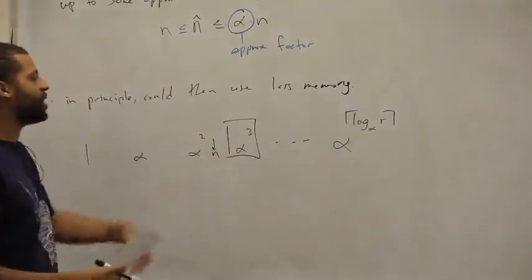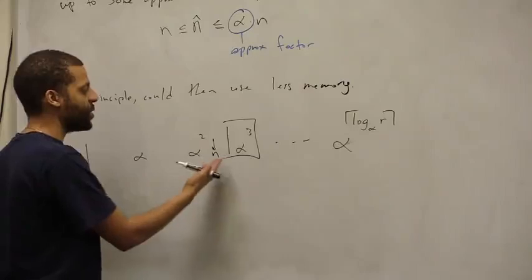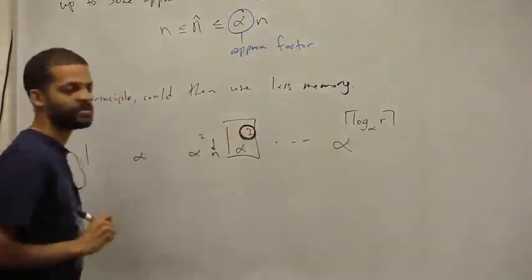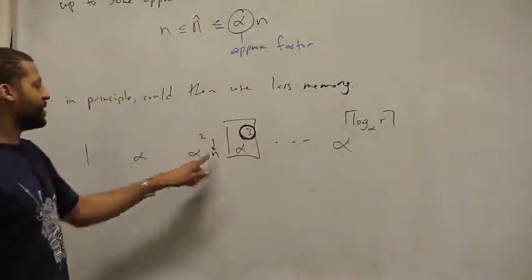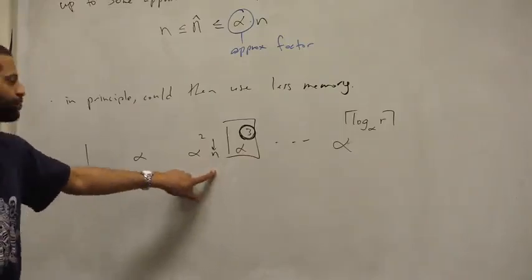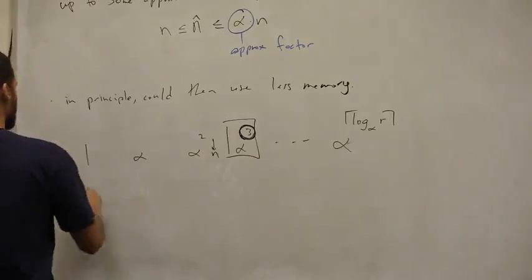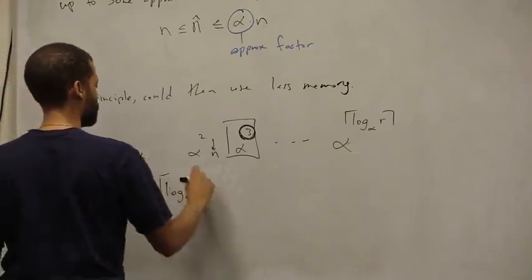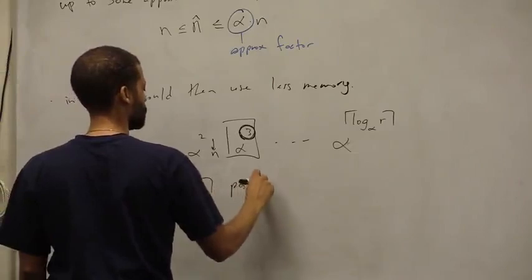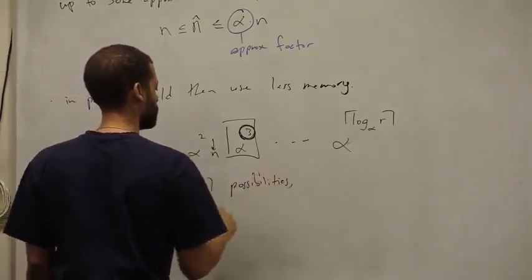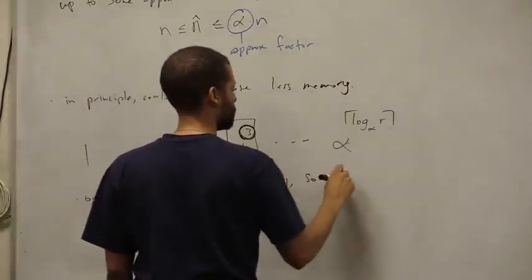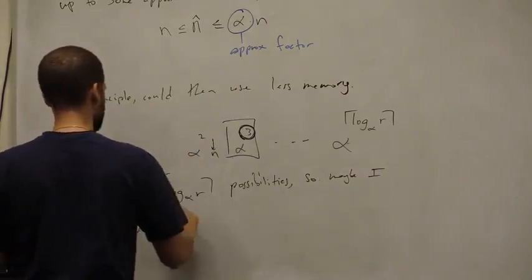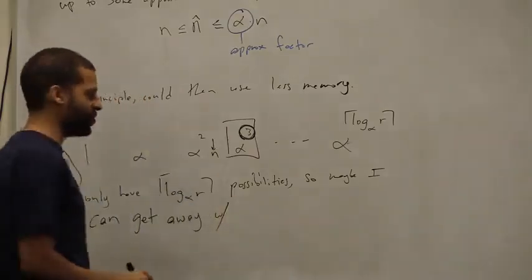And in fact, I don't need to return this number, because I know I'm always going to return a power of alpha. I can in fact just return the exponent. Right? So alpha cubed is definitely, in this picture, within a factor of alpha of n. So I only have log base alpha of r possibilities, so maybe I can get away with log of that number of bits.